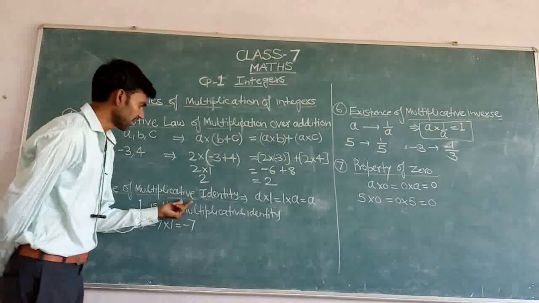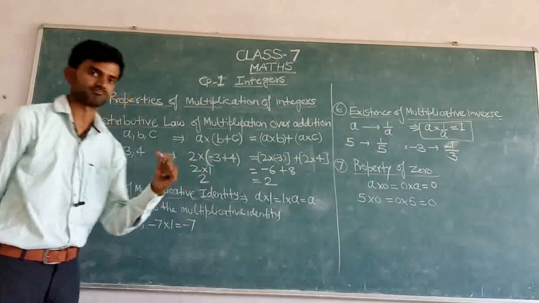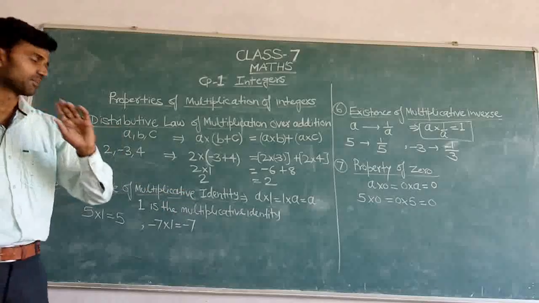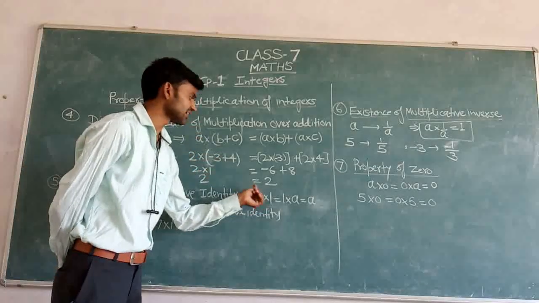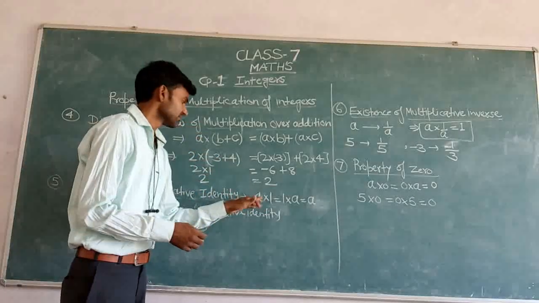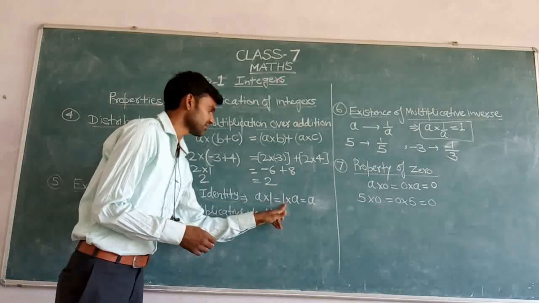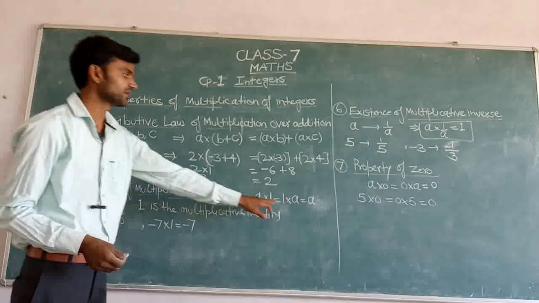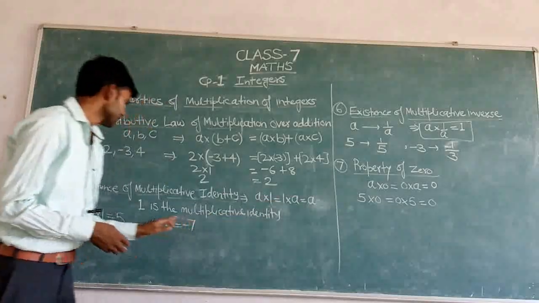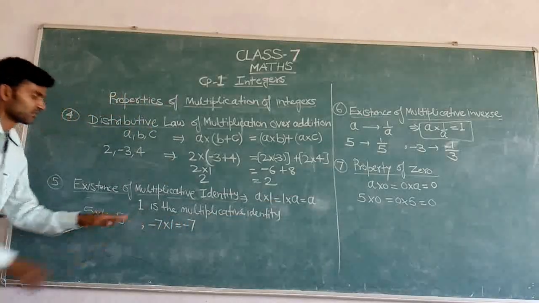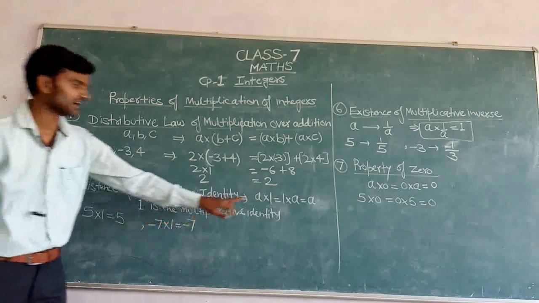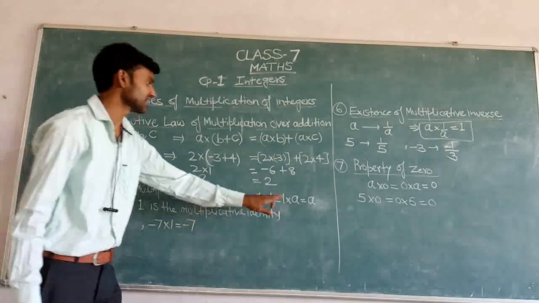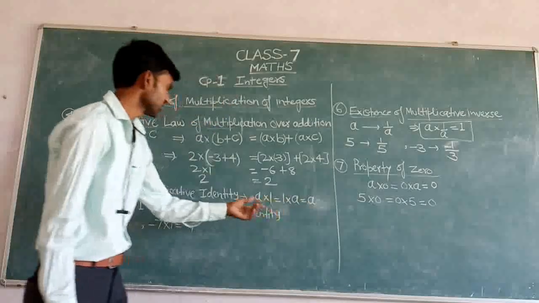Existence of multiplicative identity. Multiplicative identity means when an integer is multiplied by a number, the integer does not change. So what will be that number? Only 1. When 1 is multiplied by any integer, the result will not change.